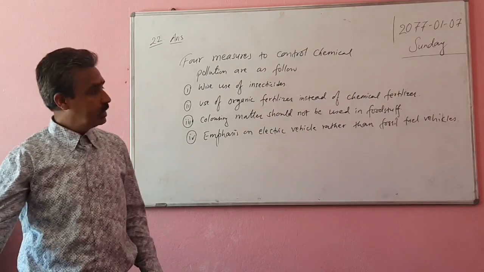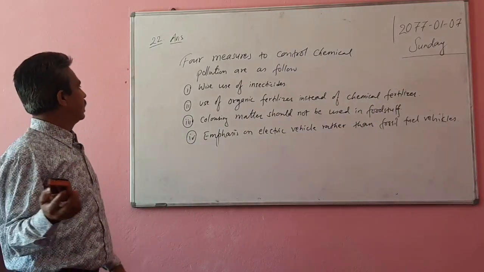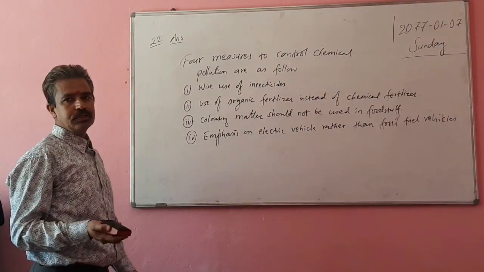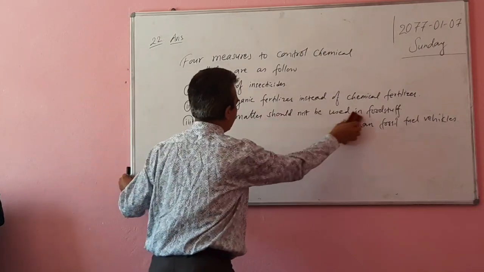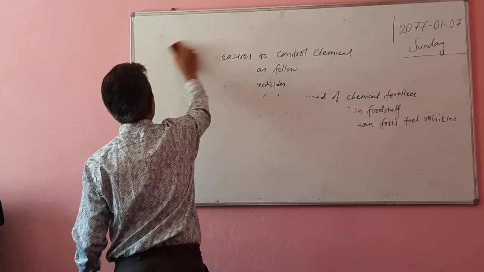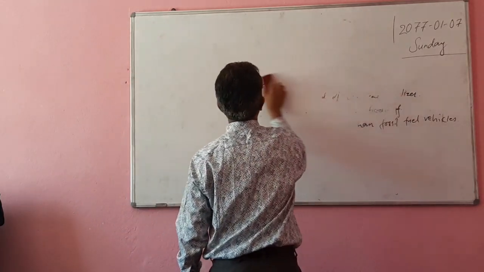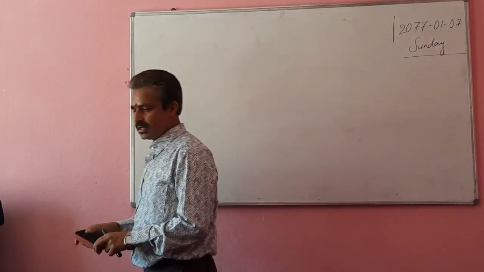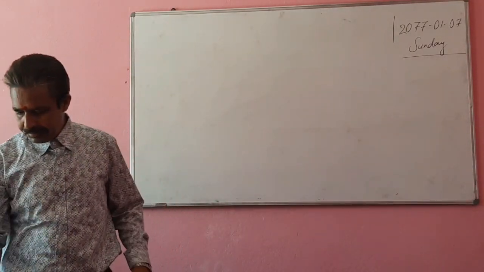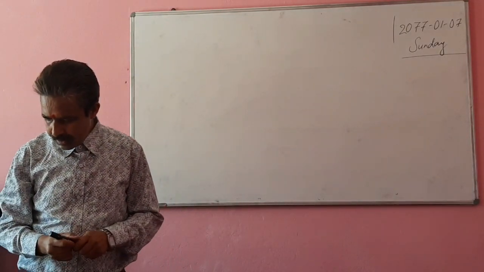Okay, so these are the answers of question number 22. So shall I read it out? Okay, what are we going to do now? We are going to discuss 2 more questions, question number 23 and question number 24. Let me read question number 23.